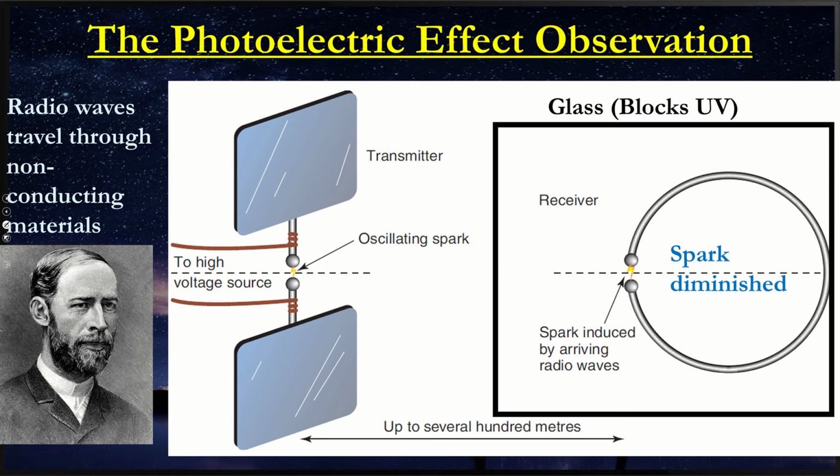Now, I'm sure you remember this person here, Heinrich Hertz, the guy who discovered radio waves. Remember, he used a high or AC voltage source to oscillate a charge, and that produced radio waves. If you also remember, those radio waves would hit a conducting device, a conductive loop, and that caused sparking.